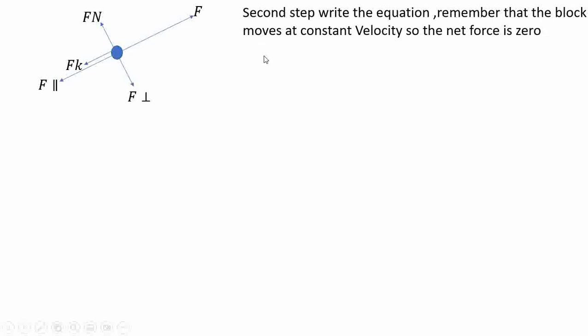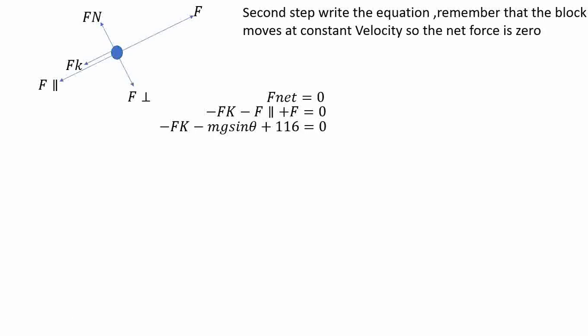The second step, after writing down your free body diagram, is to write the equation. But remember that the block moves at constant velocity, so the net force will be 0, as written in this equation: F net is equal to 0. In the next step, we will substitute with our horizontal forces, which are the negative frictional force and the negative parallel force plus the force applied, which equate to 0.